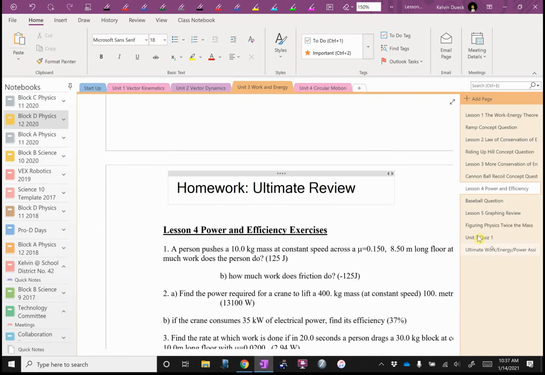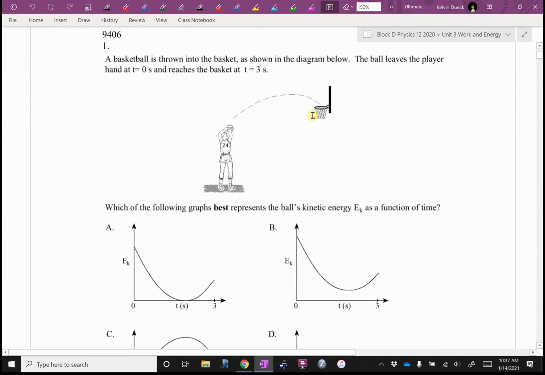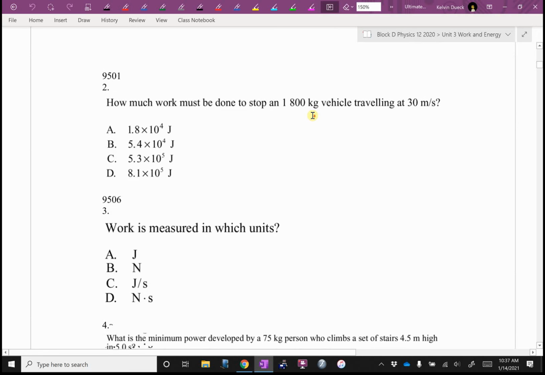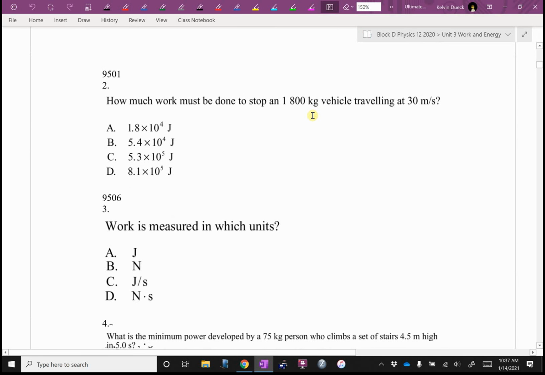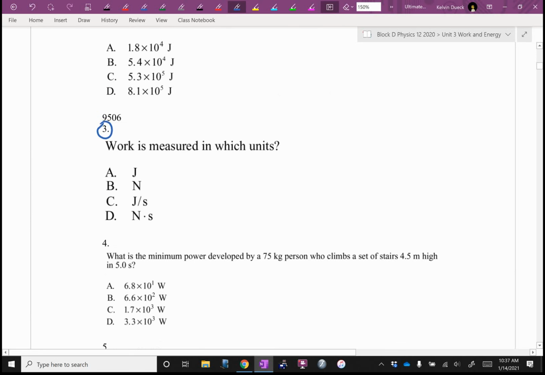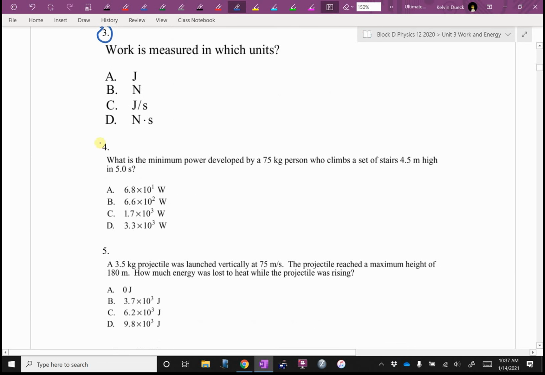So from the ultimate review, I already gave you some questions to circle, yes? Did we circle number 2 or not? I'll add number 2. 3 is good, if I didn't circle that already. I can now add number 4, power.